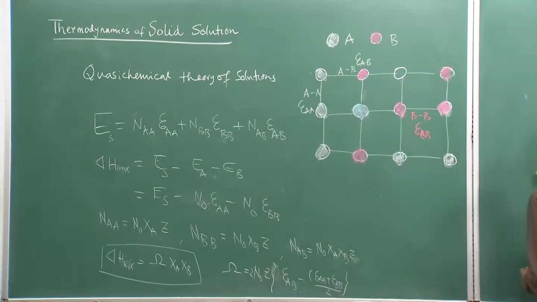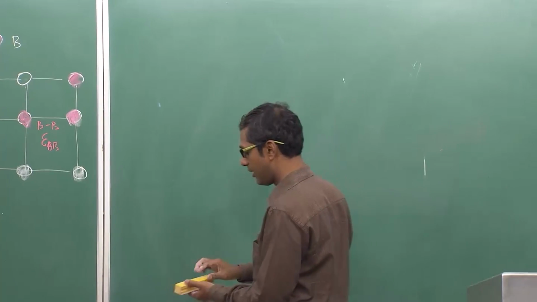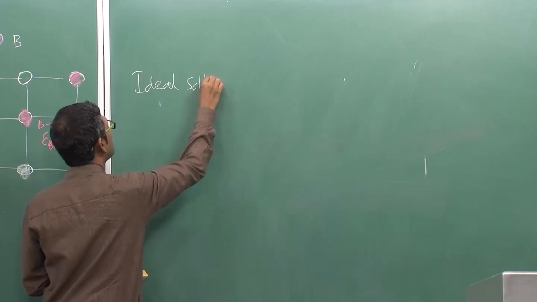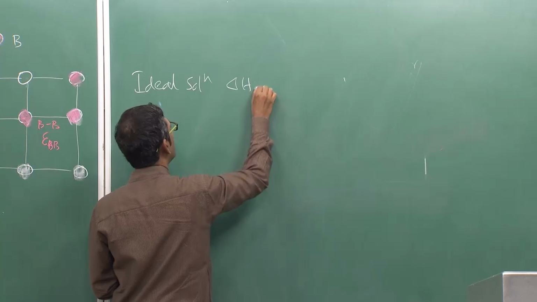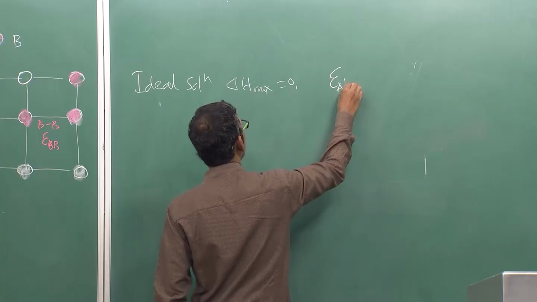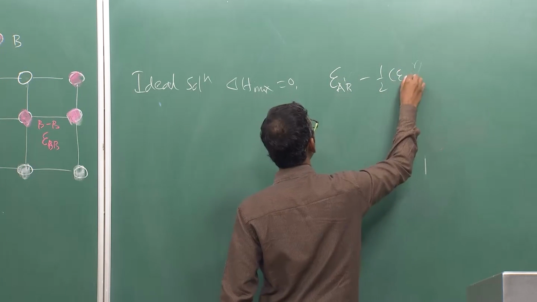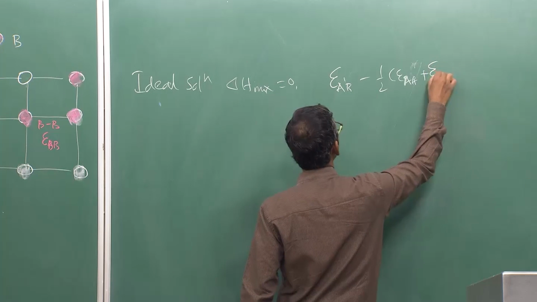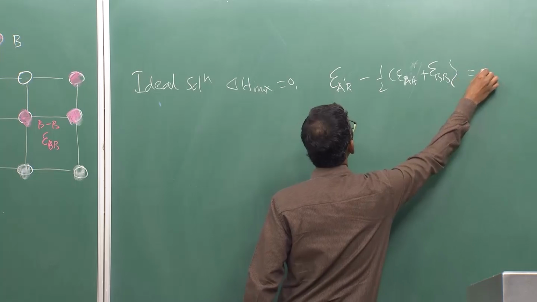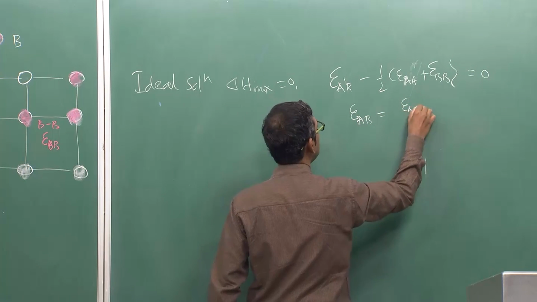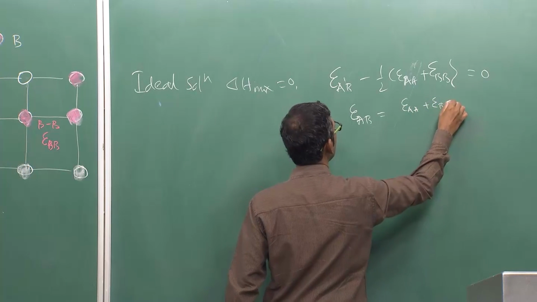For ideal solutions, we assume that delta H mix is 0. That means epsilon AB minus (epsilon AA plus epsilon BB) by 2 equals 0. That means epsilon AB is equal to (epsilon AA plus epsilon BB) divided by 2.